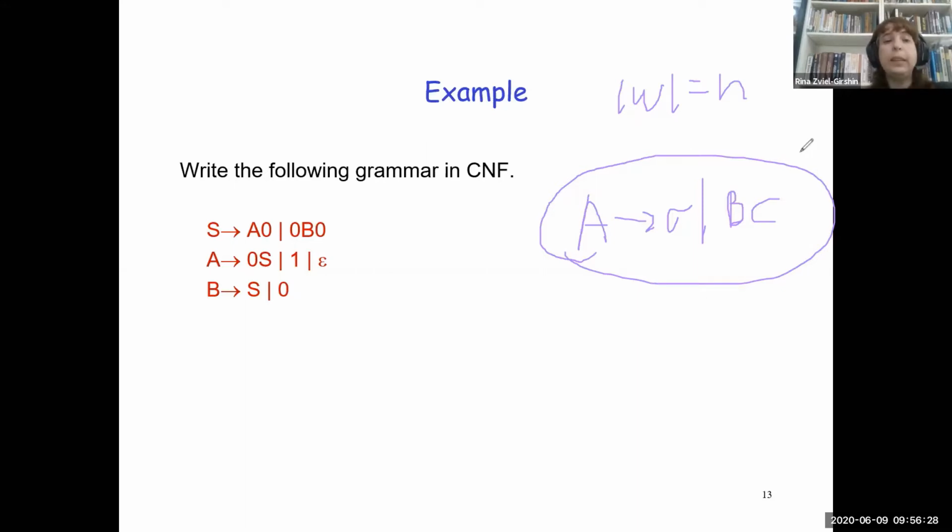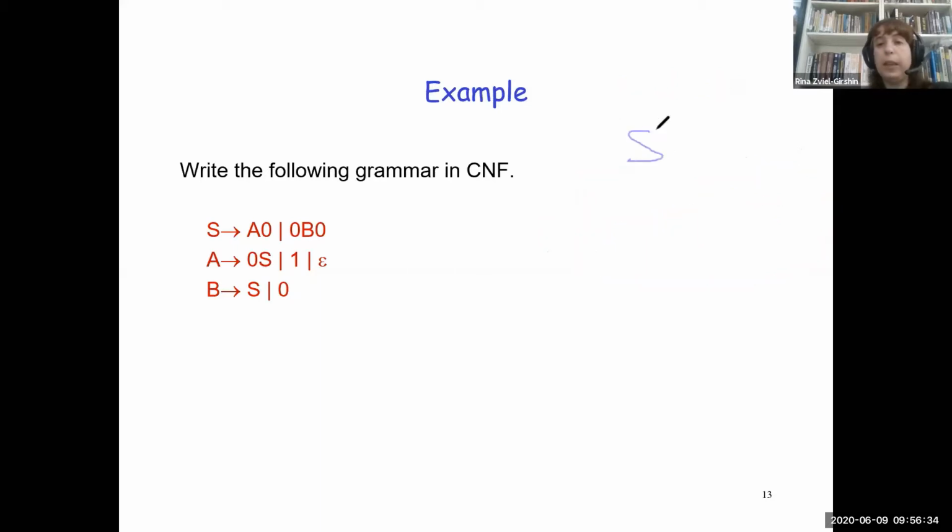So basically the idea is that for Chomsky normal form, we have to start by adding a new variable S' that derives S. If the empty word belongs to the language, only here are we allowed to add an empty word. And later, we will have our original grammar rules.